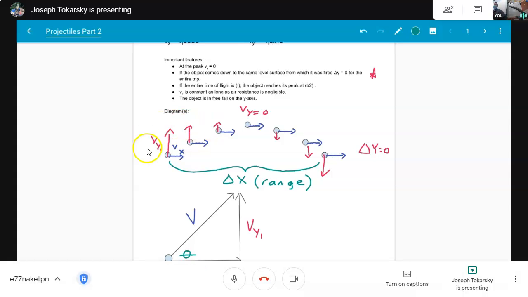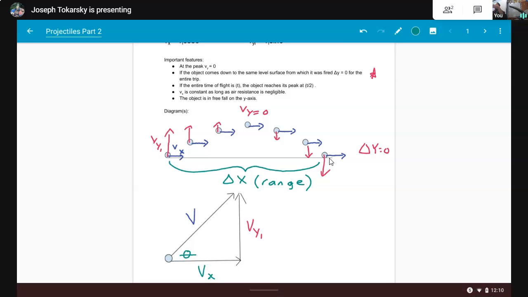These are just imagine like if we hit the pause button, right, as it's in motion. All right. Now, most problems we're going to do, if not all of them, will come back down to the same level in this course. Now, in college physics, AP physics, we do a lot of variations, more than we do in this course. But you do have to be careful when it gets a little more difficult.